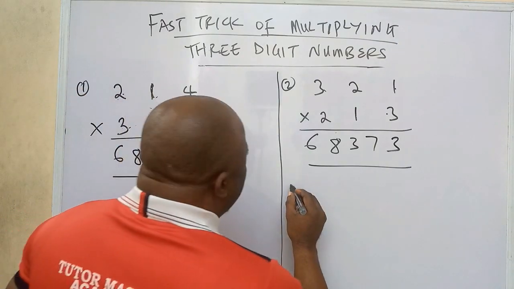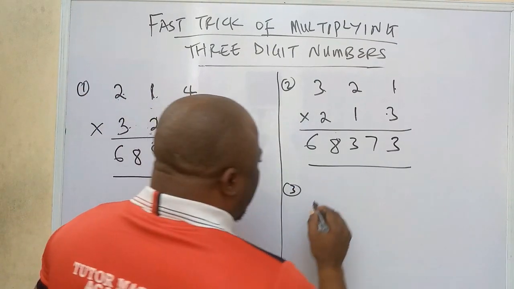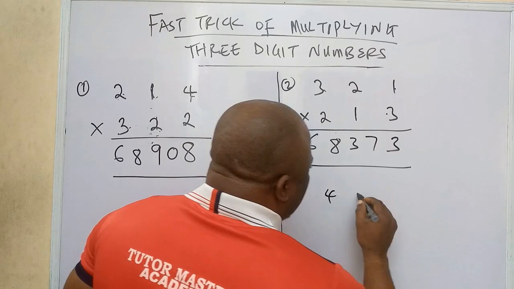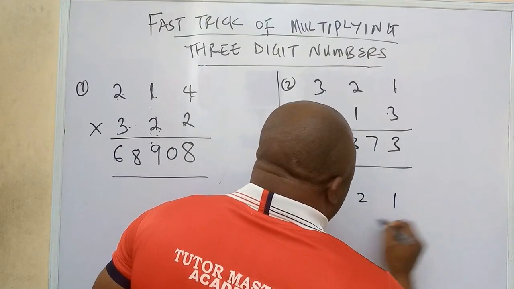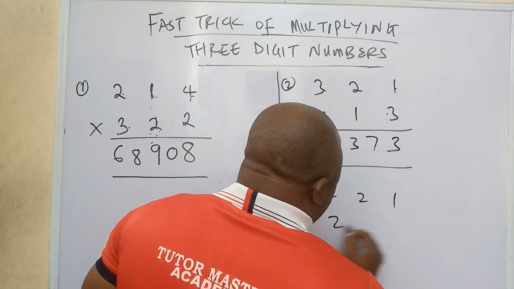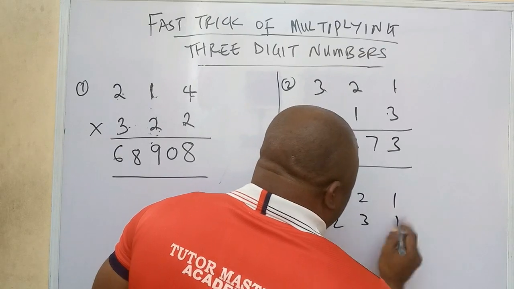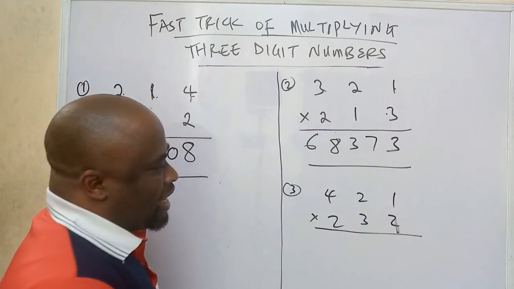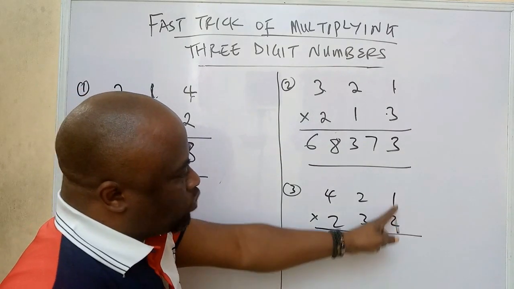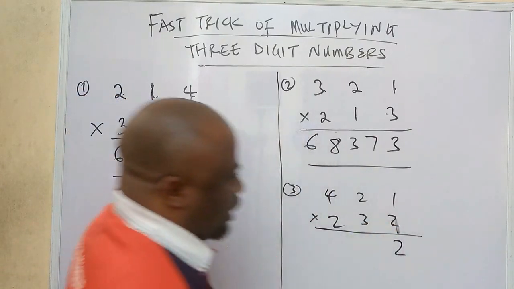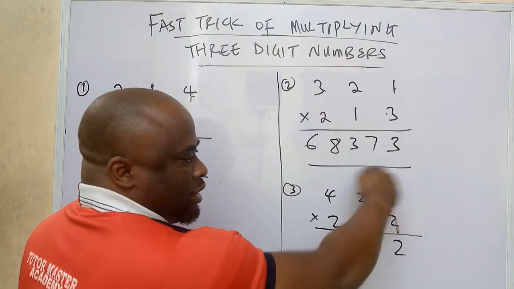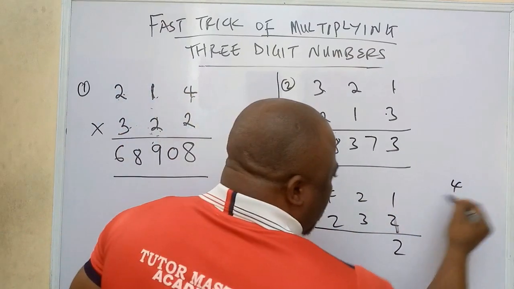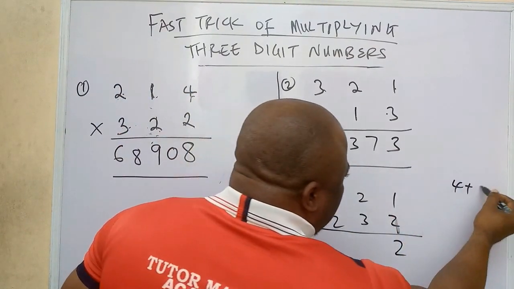And let us look at one more example, then you will know what I'm talking about. If you have 4, 2, 1, then you have 2, 3, 2. So by now you should understand that the first thing to do is to multiply this, and 2 times 1 is 2. Then you're going to take the 2 you have here. 2 times 2, 4. 3 times 1, that is 3.